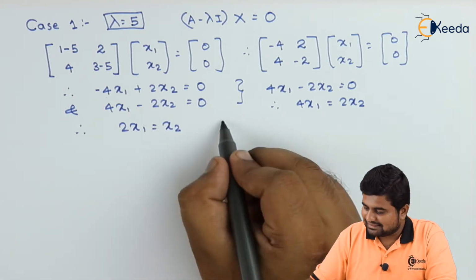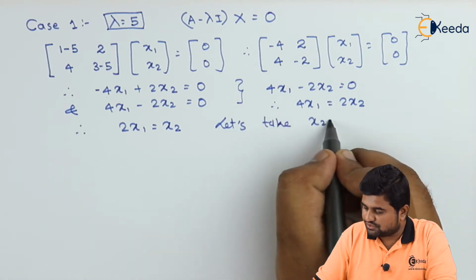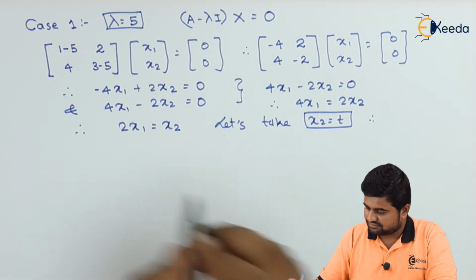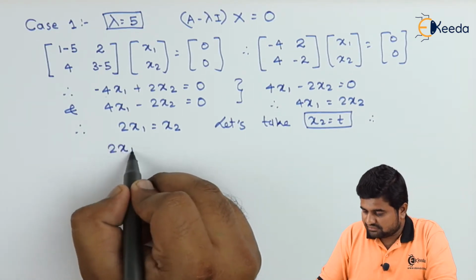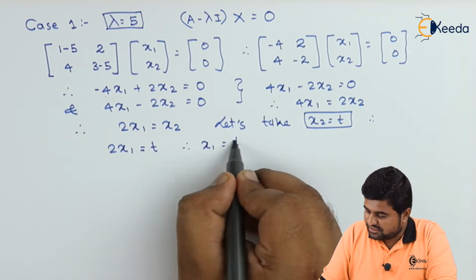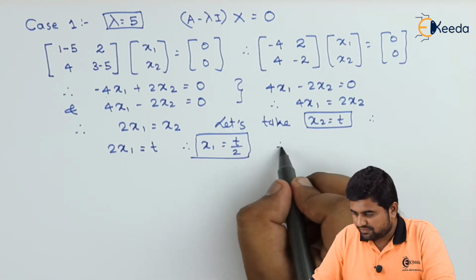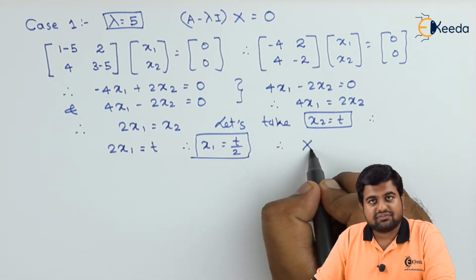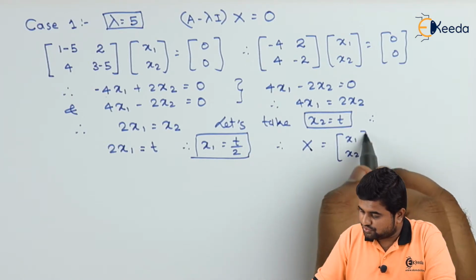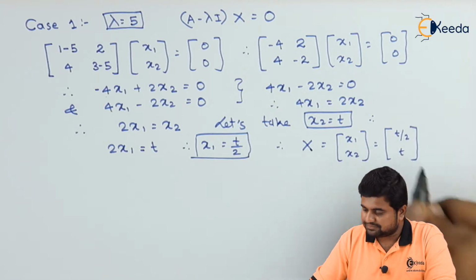So let us take x2 is equal to t, and therefore 2x1 is equal to t. Therefore x1 is equal to t by 2, and therefore the eigenvector x is nothing but x1 and x2, which is t by 2 comma t.